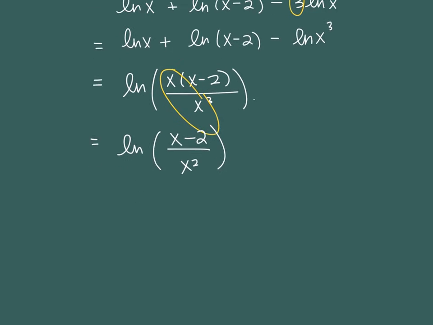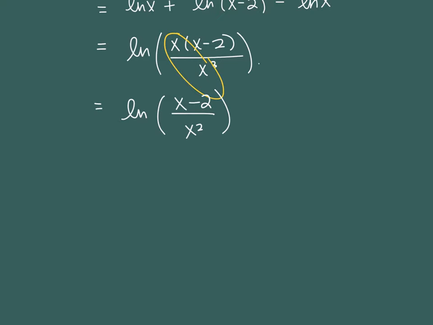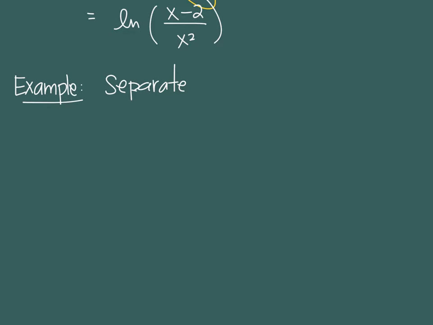Okay, one final one, and then we're done for today. It's a separate again. All right, separate. So let's do log base 5, and we'll start with parentheses. And in the parentheses, we will have the square root of 4x minus 1, and then we'll have 8 parentheses x minus 2.